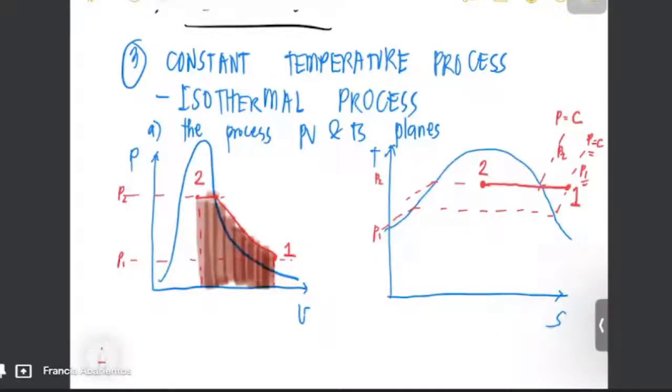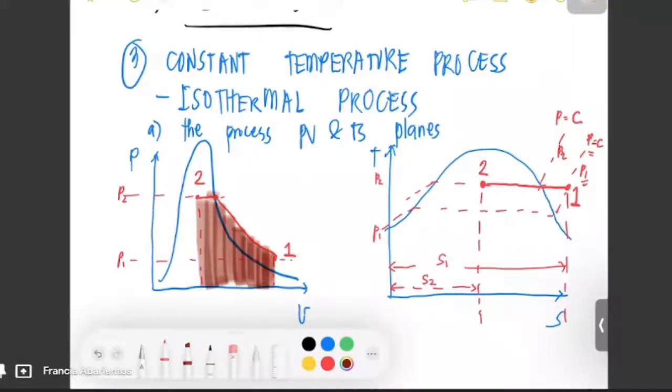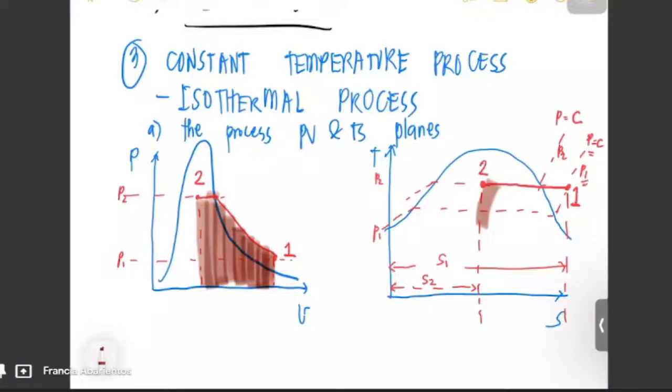We have the entropy at 0.2. So, if we go down, this is the entropy at 0.2 and going to this, that is now your entropy at 0.1. So, this is our shaded portion.